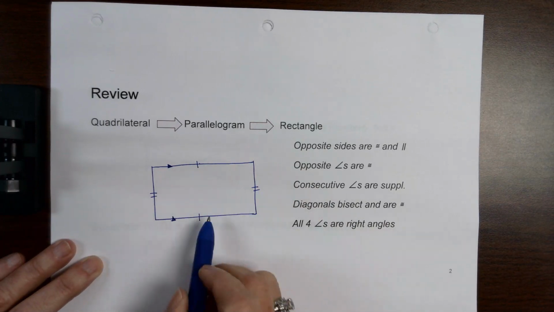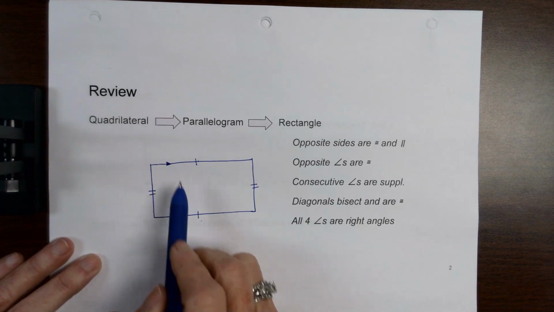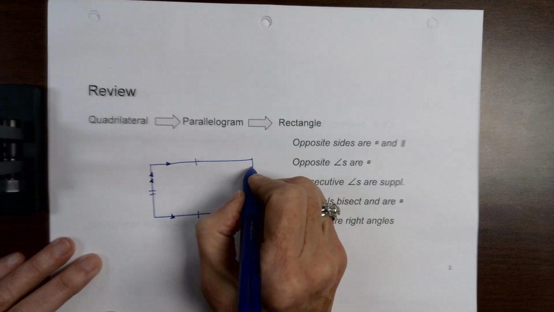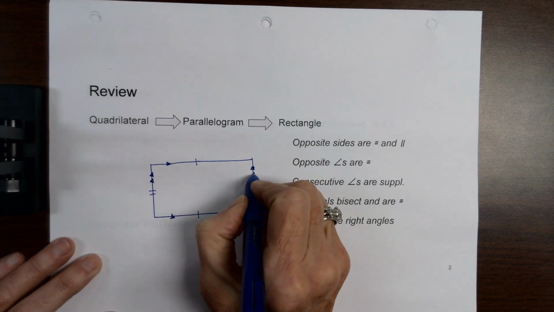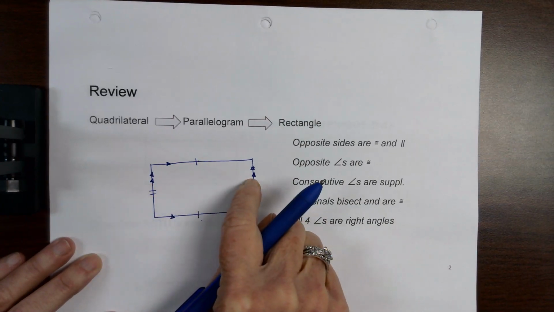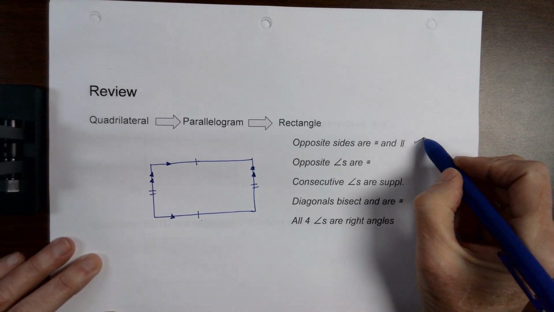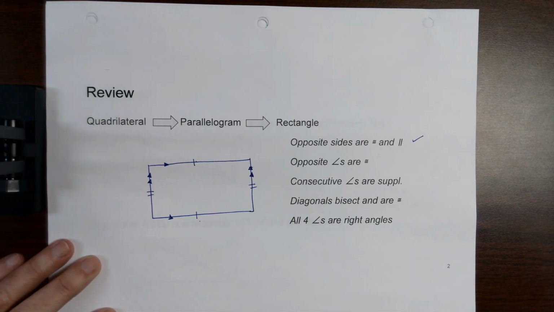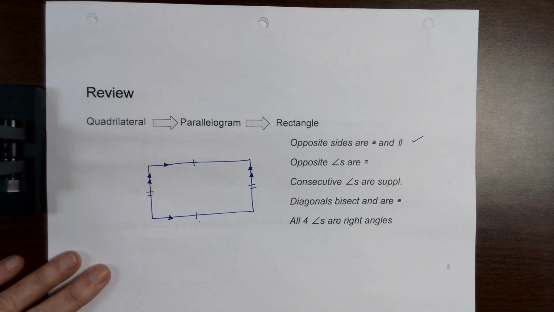So this is congruent to this is parallel to this. This is congruent to this is parallel to this, okay? So on a rectangle, it's just like a parallelogram. Opposite sides are congruent and parallel.